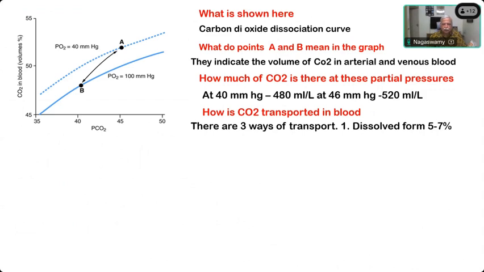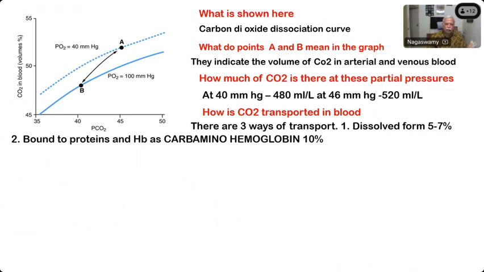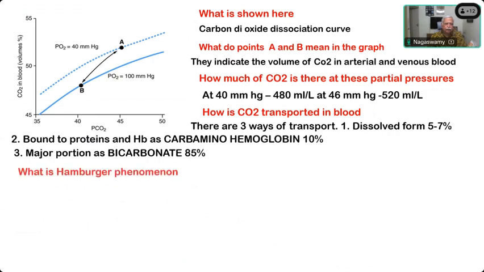One is the dissolved fraction, which is 5 to 7%. Second is bound to proteins in hemoglobin as carbamino hemoglobin, which is about 10%. Third and major is as bicarbonate with 80%. These are the three modes of transport of carbon dioxide. What is Hamburger phenomenon?